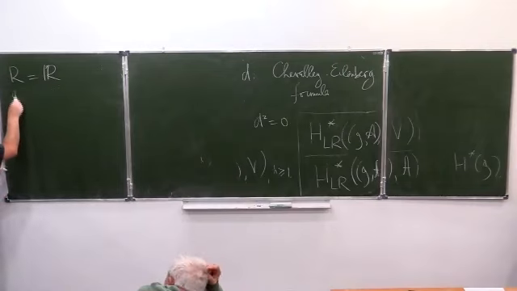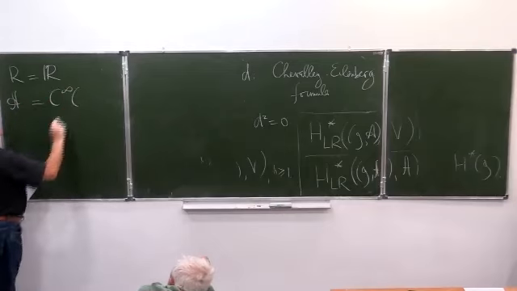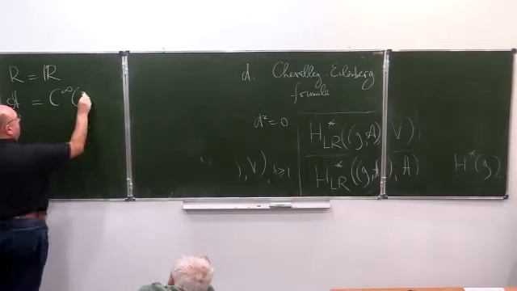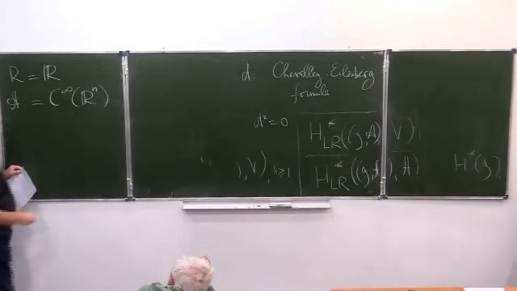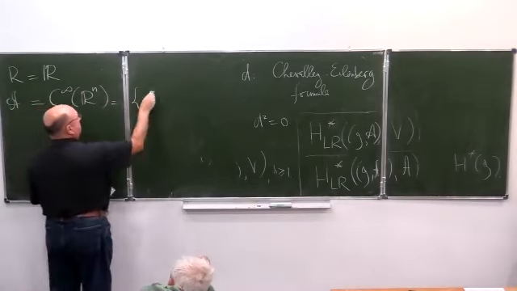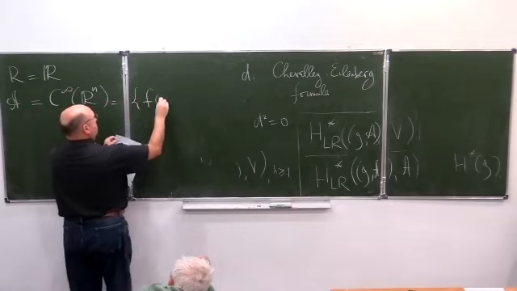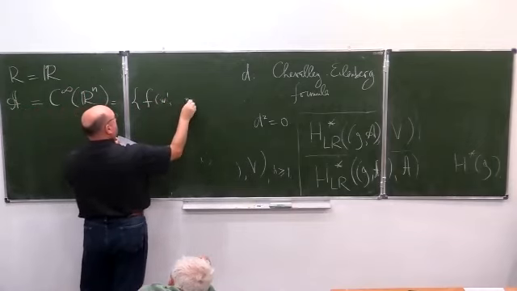The commutative algebra A will be the algebra of functions on some n-dimensional space. So there will be functions of variables, say w1, ..., wn.